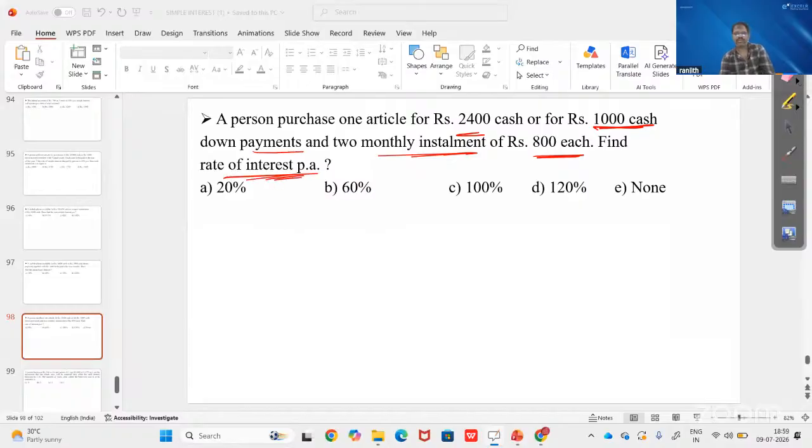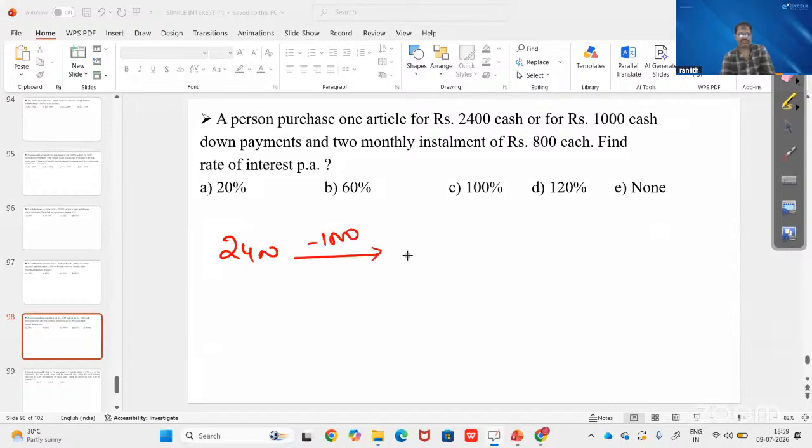So the total is 2,400. If we pay 1,000 rupees, we are left with a balance of 1,400.